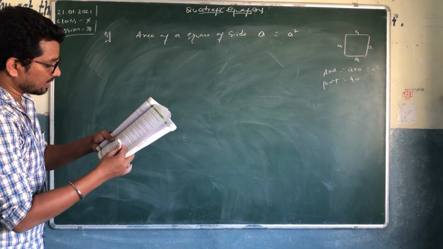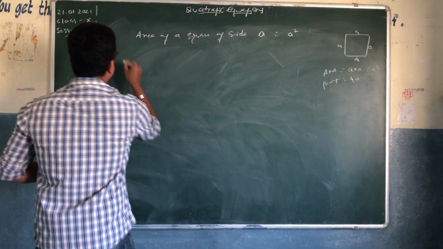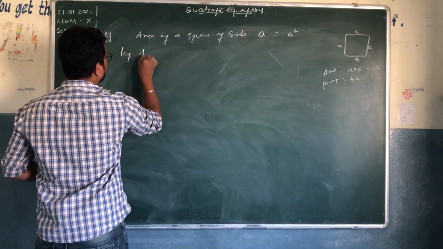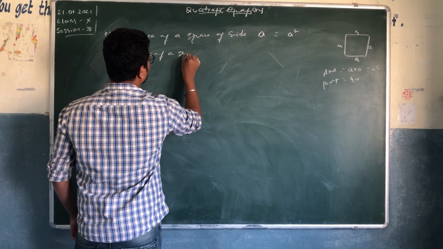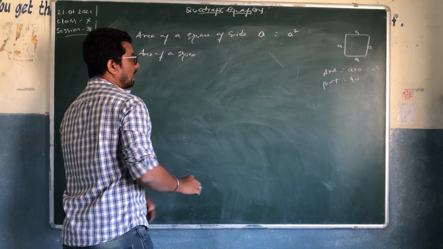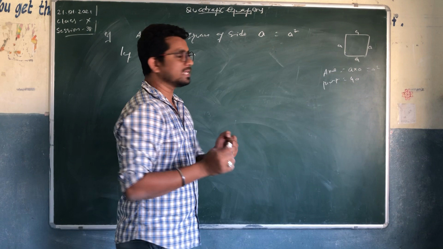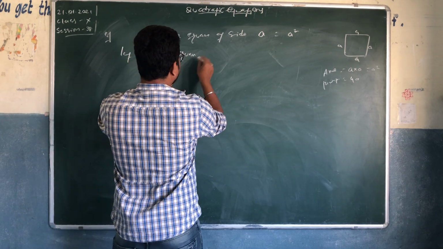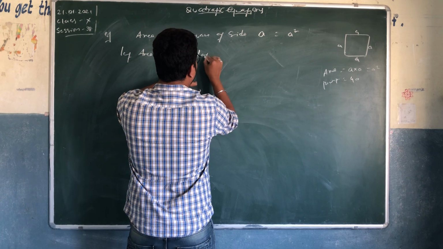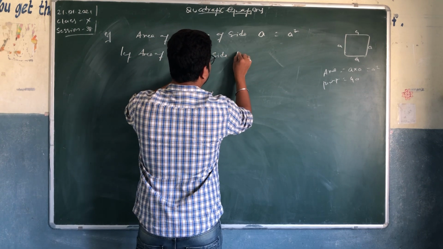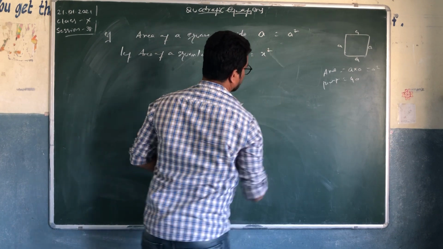Now, let's get the sum of areas of two squares. So, I have two squares, and the first square, area of square 1 of side I am taking x, which will be equal to x square.